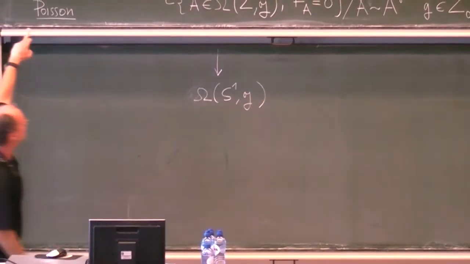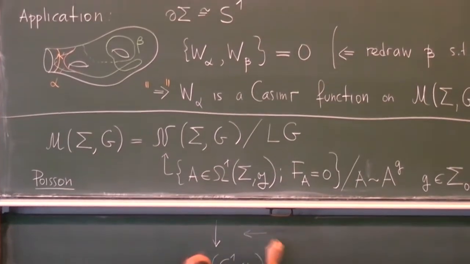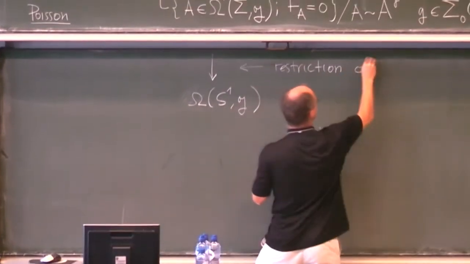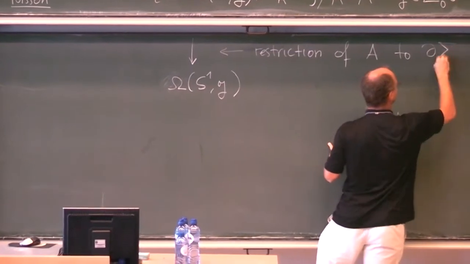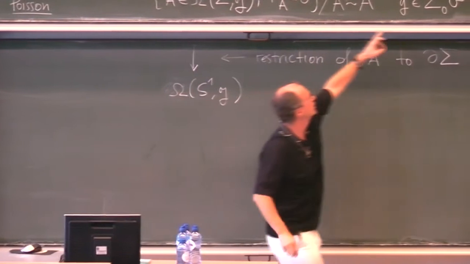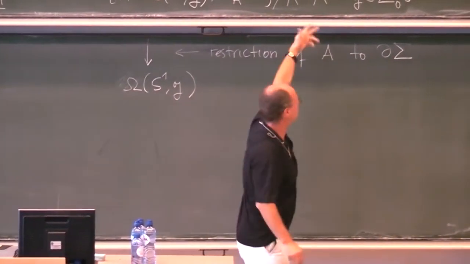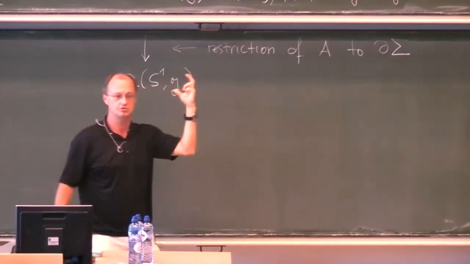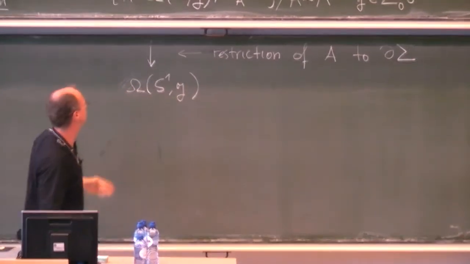So we decided that the boundary component is just a circle, and this map is a restriction of A to this boundary. Well, since here the gauge transformations are forced to be equal to 1 at the boundary, this map is actually well defined. Those gauge transformations don't touch the connection on the boundary, so it doesn't change. So the map is well defined.